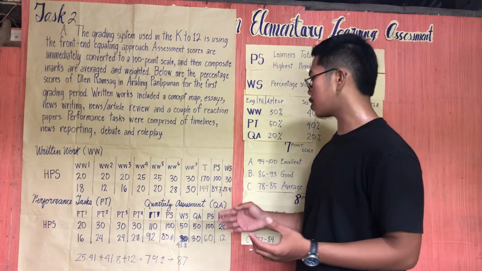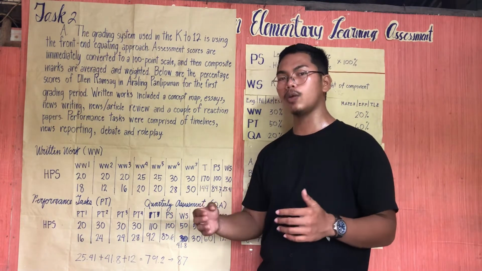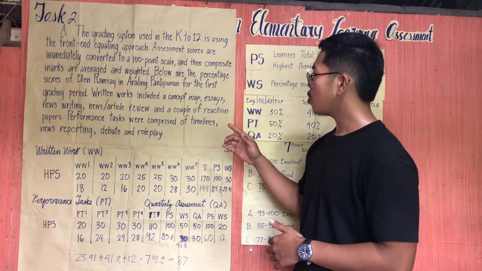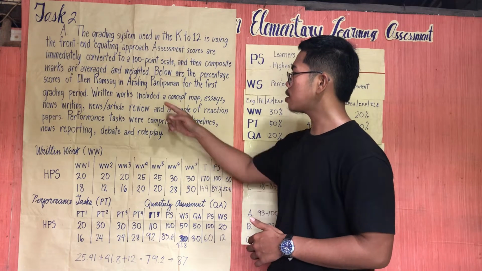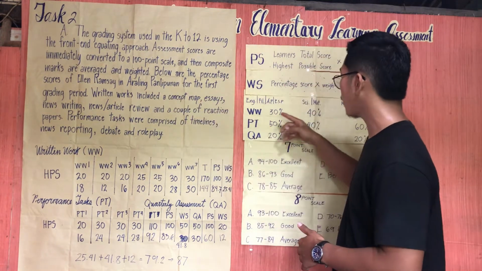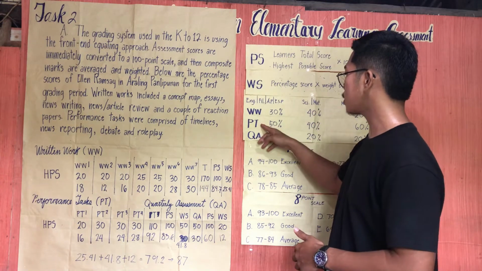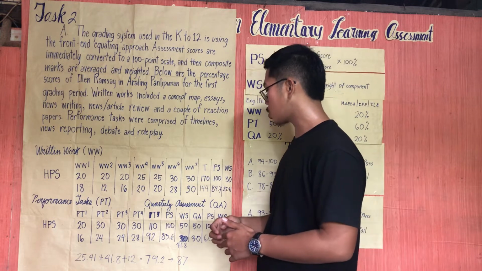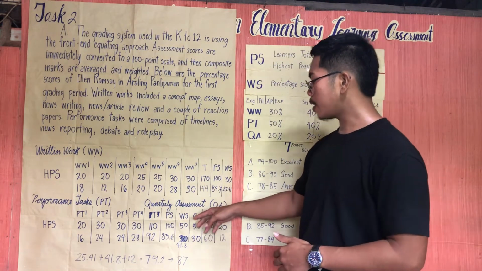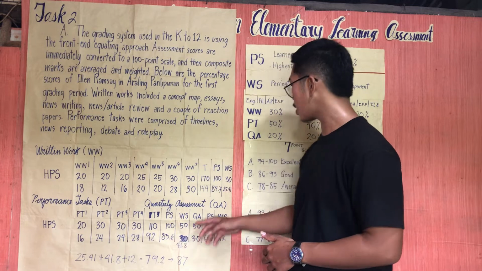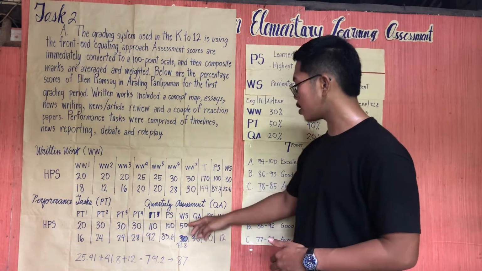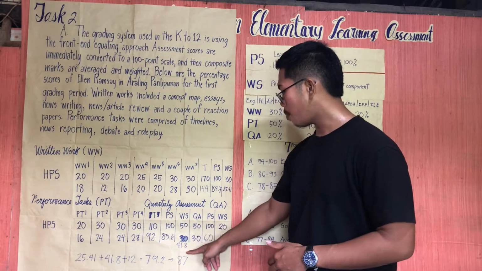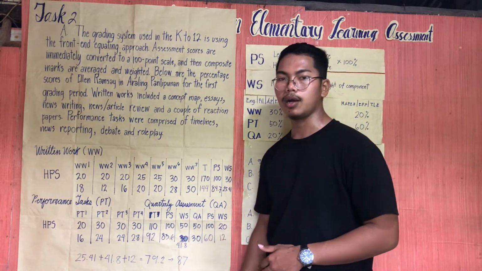Since we have the percentage score, we can now find the weighted score. Since the subject is Araling Panlipunan, the corresponding weight of component for the performance task is 50%. So the percentage score 83.6 times weight of component 50% is equal to 41.8.